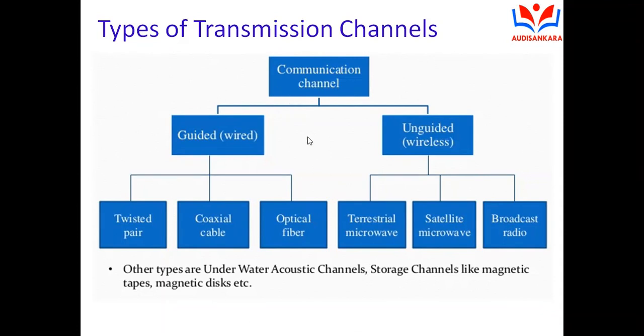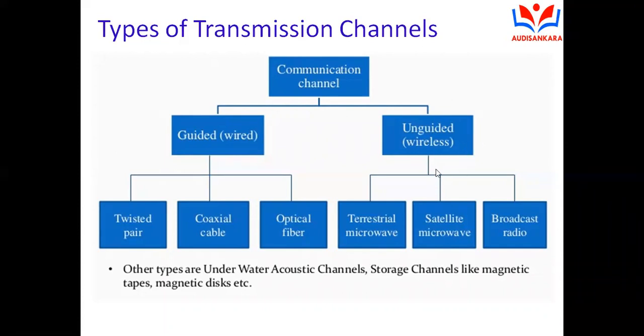So what type of physical paths are connected between the transmitter and receiver in guided transmission media? Twisted pair, that is a double wire, coaxial cable, or optical fiber cable.